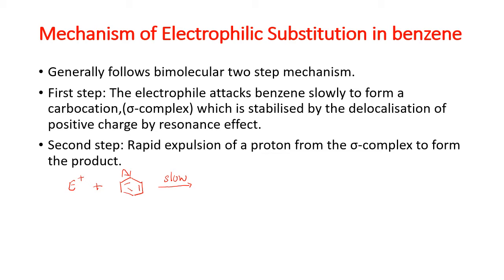Now the carbon becomes negative, and to the negatively charged carbon, the electrophile gets attached. And this is the structure of the resulting carbocation, and the positive charge can be delocalized through the benzene ring.